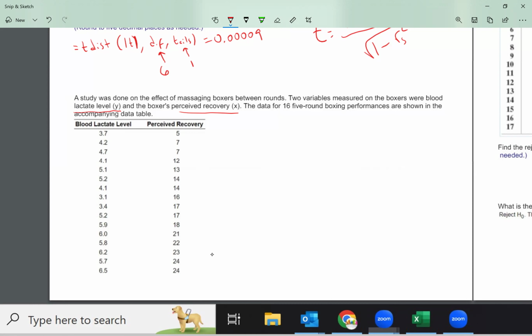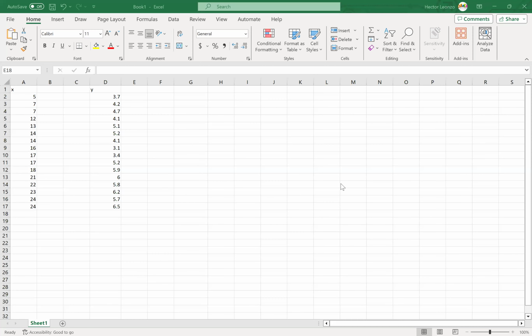Okay, so let me go to Excel and copy these variables. I copied my X and my Y values. Remember, X were my perceived recovery and my Y were the blood lactate levels. Notice I left 2 spaces in between because now on my X values, I'm going to rank them.